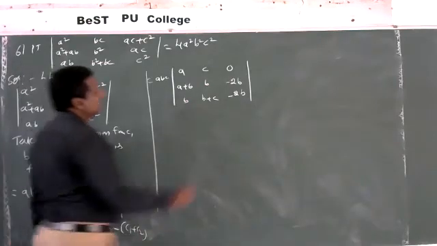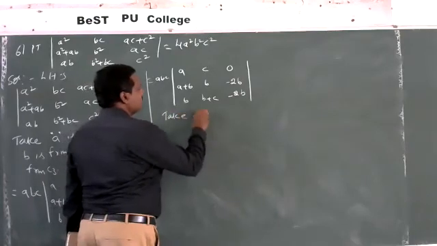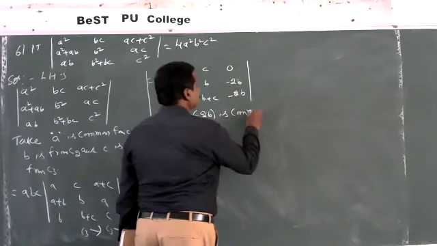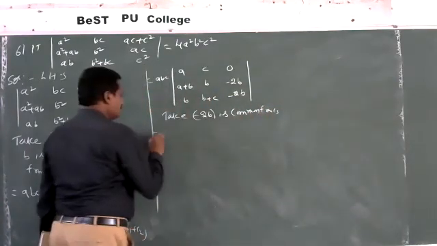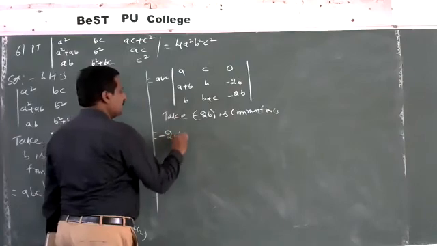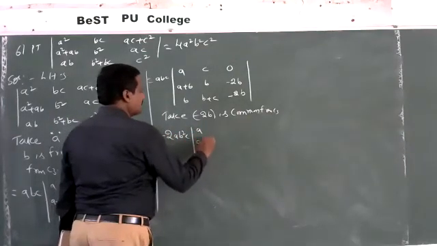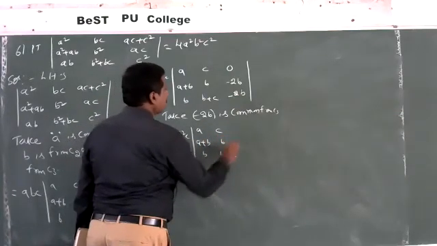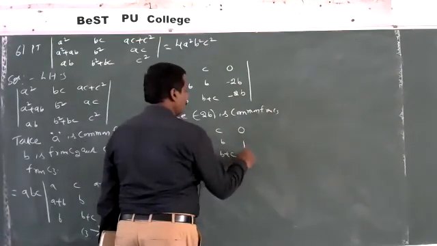Take minus 2B common from C3. Then this becomes minus 2A B square C times the determinant A plus B, B, C, B plus C, with the last column 0, 1, 1.